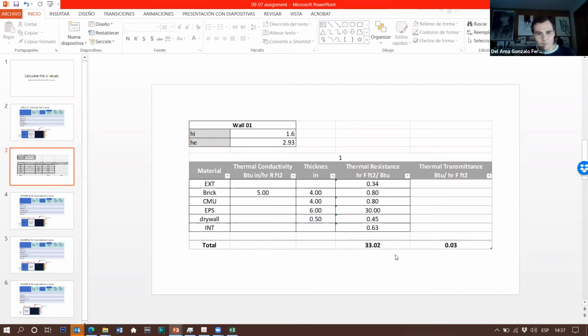What do you think? Please do not speak all at once. So someone, what do you think? 33, is it good enough, or it should be higher or lower?